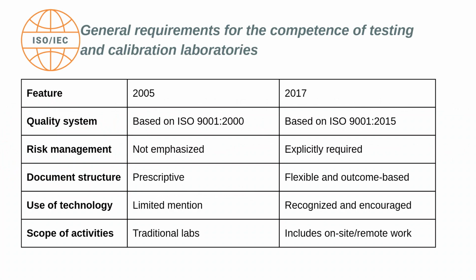Now we have ISO 17025:2017, the current version. Both versions rely on ISO 9001, whereas the older one relied on the 2000 variant, the 2017 version has taken a lot of inputs from ISO 9001:2015, which is about quality management systems.